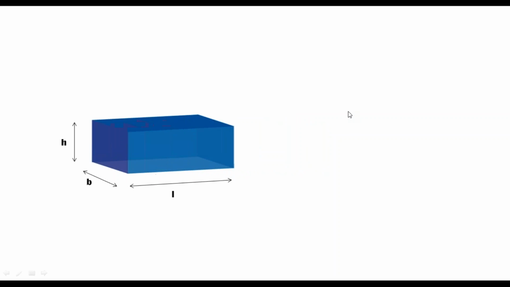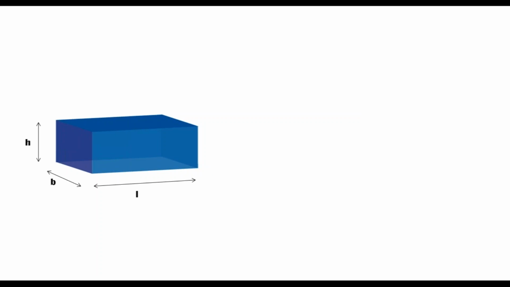Before that, let us see how we can look at the given cuboid. If we look from the left hand side, it looks like we have height and breadth. We will see this particular plane here, right?